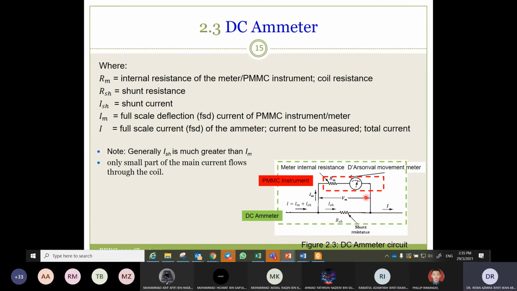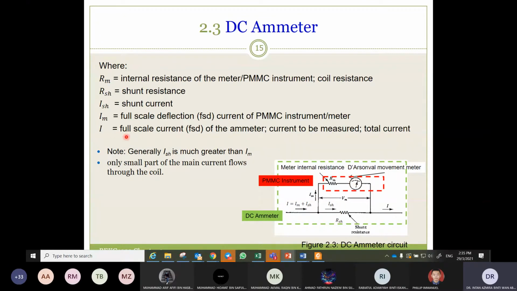So we repeat the construction of the DC ammeter. Rm is the internal resistance of the PMMC instrument, or the coil resistance. R shunt is here. I shunt is the current that flows through R shunt. Im is the current that flows through the PMMC.